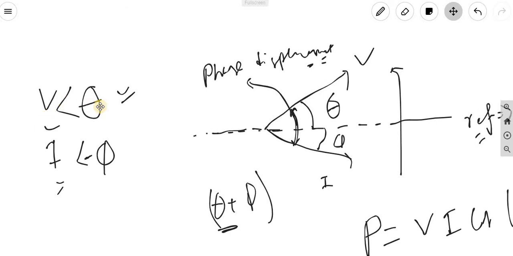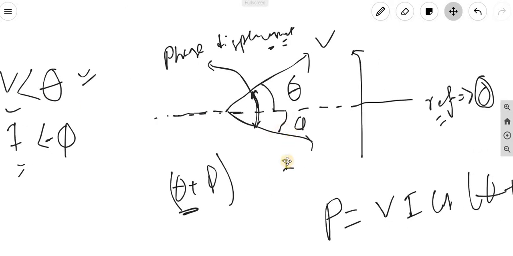The expression of V theta is positive because it is leading, but I is lagging with respect to this reference. So I is minus phi.